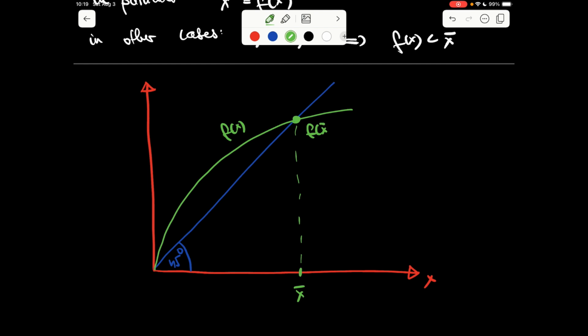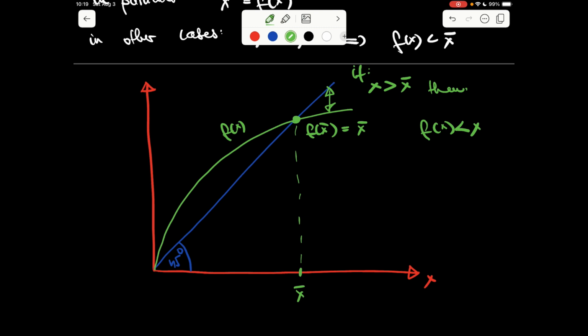Here, output equals the capital stock. And over this level, you can see that if the capital stock is higher than this upper threshold, then production is lower than the capital stock.